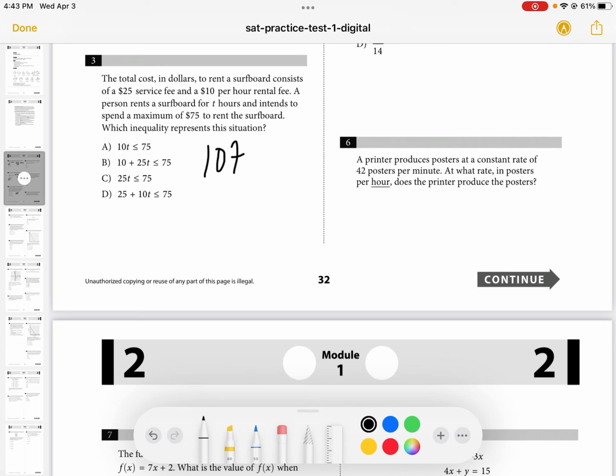So 10t plus 25. That's our total cost because we have an initial $25 service fee, and then $10 per t for t hours. And then this has to be less than or equal to 75. That answer choice, that's D. Alright, let's move on.